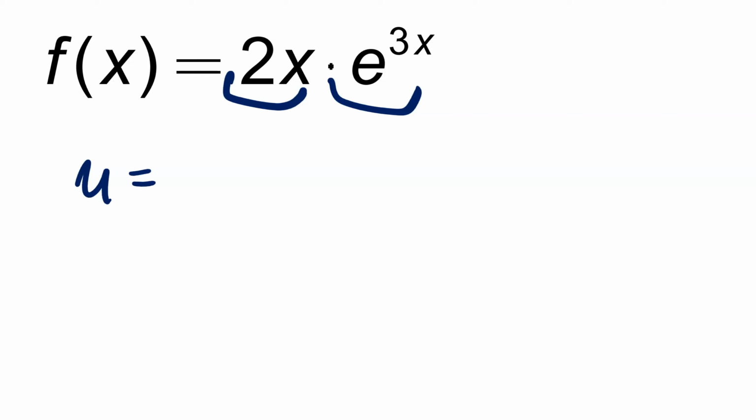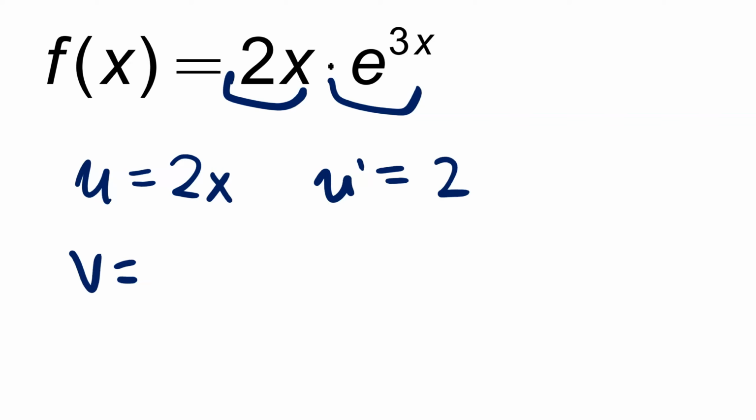Yeah. Cool. Perfect. I want to say maybe I changed a couple of the problems, but the front page is just a different order. Yep. u prime is 2. v is e to the 3x, and then most people got this one right. Actually, this is a good one. This is also the one where if you didn't fully simplify, I gave you most of the points. Factor it out.